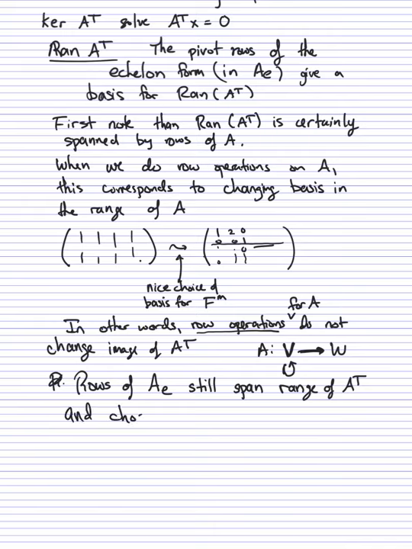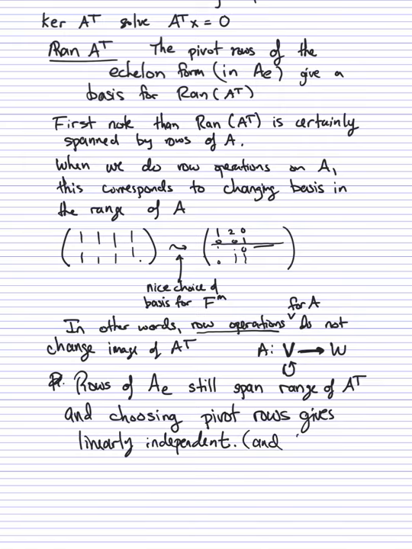And choosing the pivot rows gives a linearly independent set, and that's for the same reason as choosing the pivot columns for A. If you have rows with no pivots in them, those are going to be spanned by the subset of rows that do have pivots in them. So it gives a linearly independent set and hence a basis.